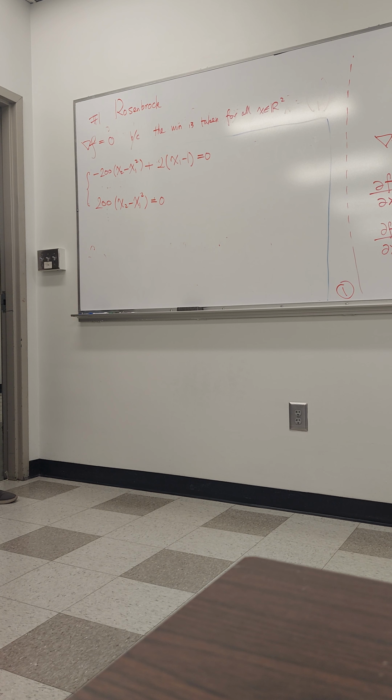And remember, when we prove the first order necessary condition, we have to use Taylor expansion up to the second derivative, which means we have to use the Hessian. So here, we have to assume that f is twice differentiable.